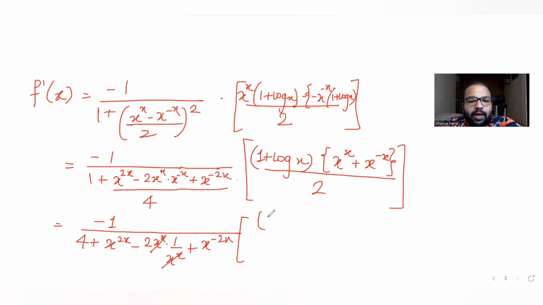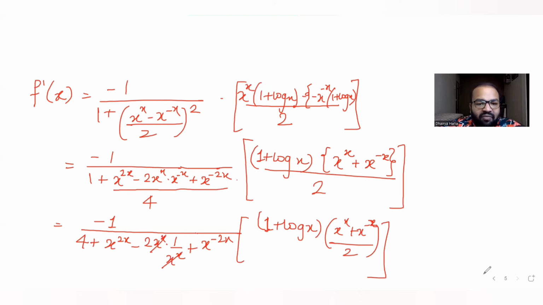Now here I have 1 plus log x common, and I have x raised to x plus x raised to minus x upon 2 as the entire bracket. Now if I try to further solve this, basically this was also divided by 4. So if that 4 goes into the numerator, what I get here is minus 4, the whole thing upon.